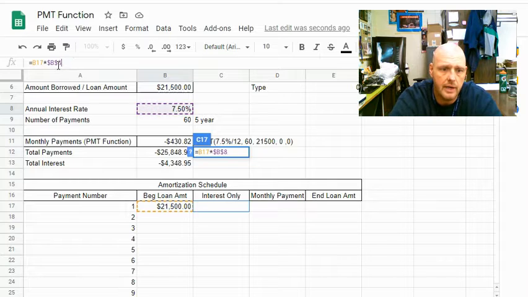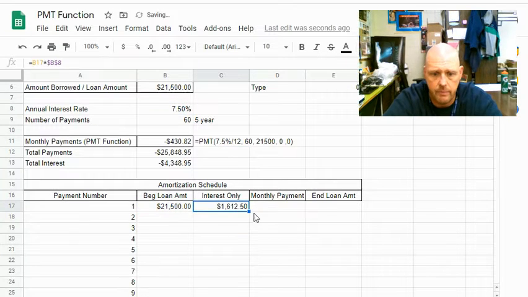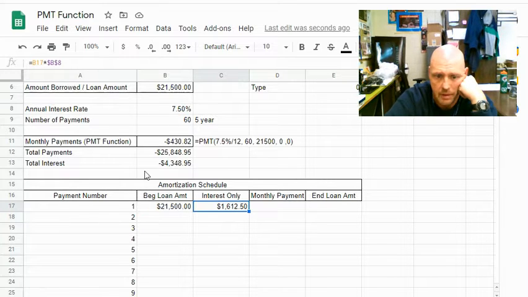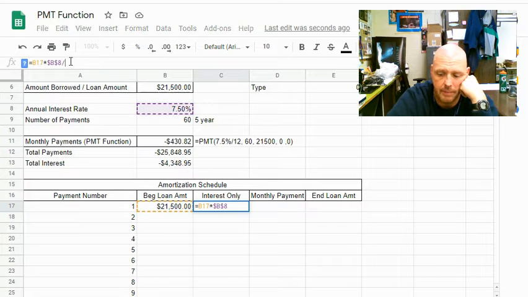Now, if I don't do that, if I just take the principal times the rate, it's going to say, well, $1,600. How am I ever going to pay off a loan if I add $1,600 in interest, but I'm only making $400 payments, right? That math doesn't work. So again, I got to take my annual interest and turn it into a monthly number, meaning I got to divide this by 12.